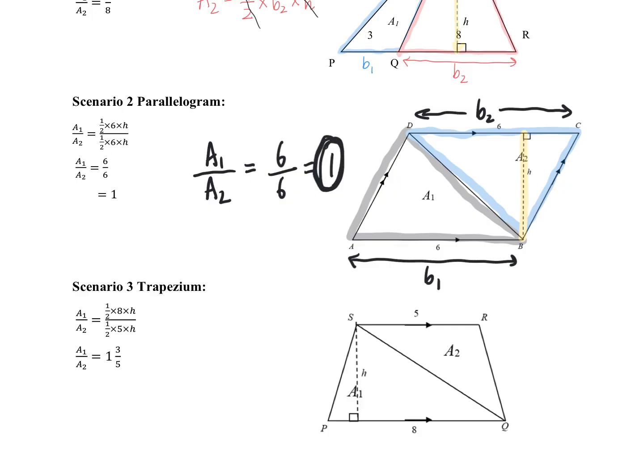So for this one, will they ask a question like prove that this is a parallel? They won't say proof, they will say find the ratio of the two triangles. You can just put 1. Yeah. Need not be fraction. Okay, then what if I say I want A1 and the whole parallelogram?